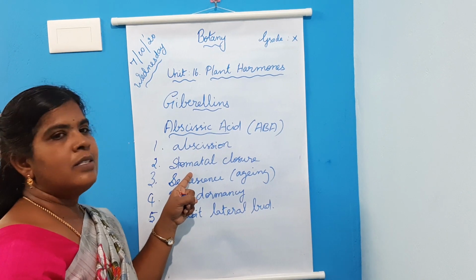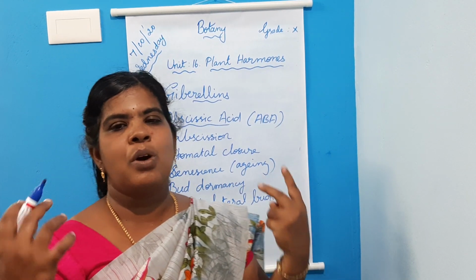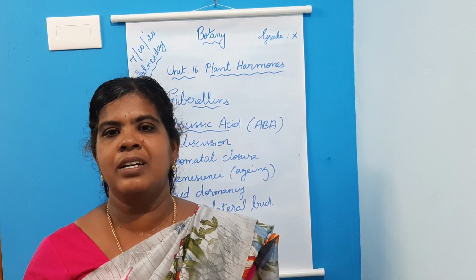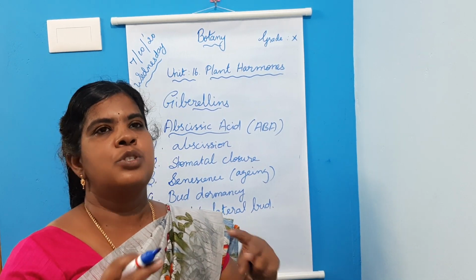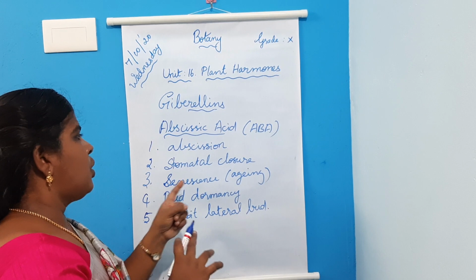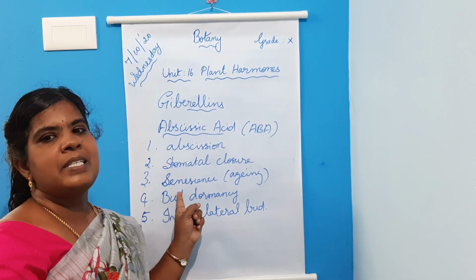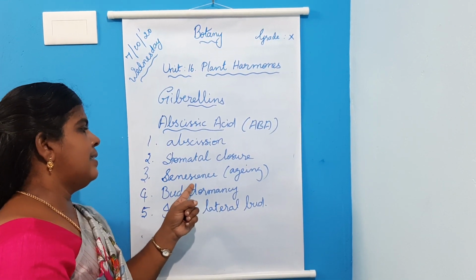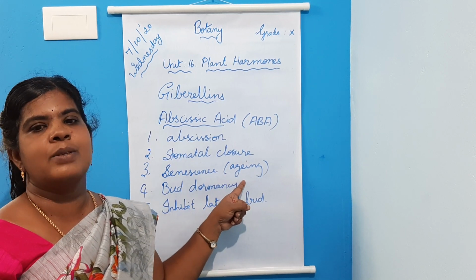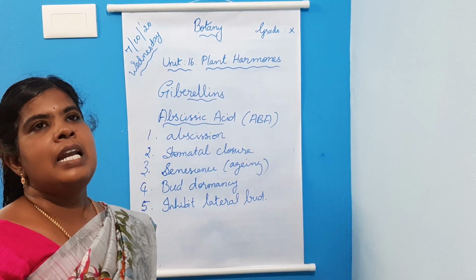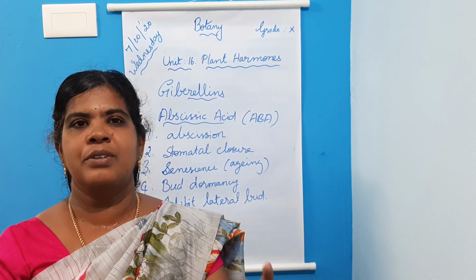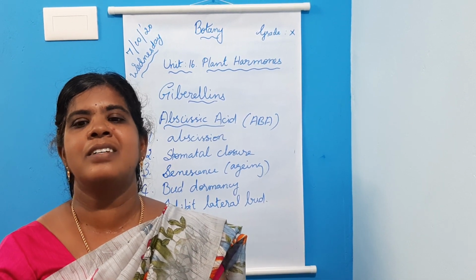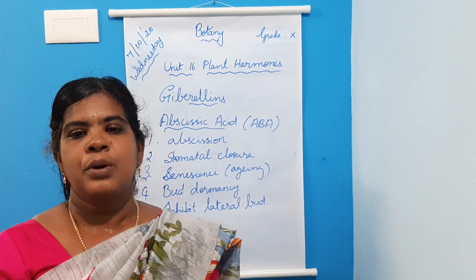Next, during stress or water stress or drought condition, this abscisic acid causes stomata to close, or stomatal closure. Next, abscisic acid promotes senescence or aging in plants. If the leaf attains age, it may result in the reduction or loss of chlorophyll.